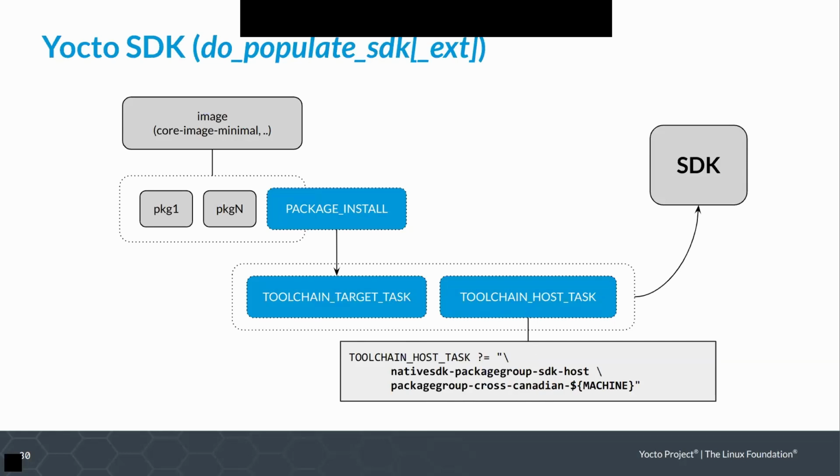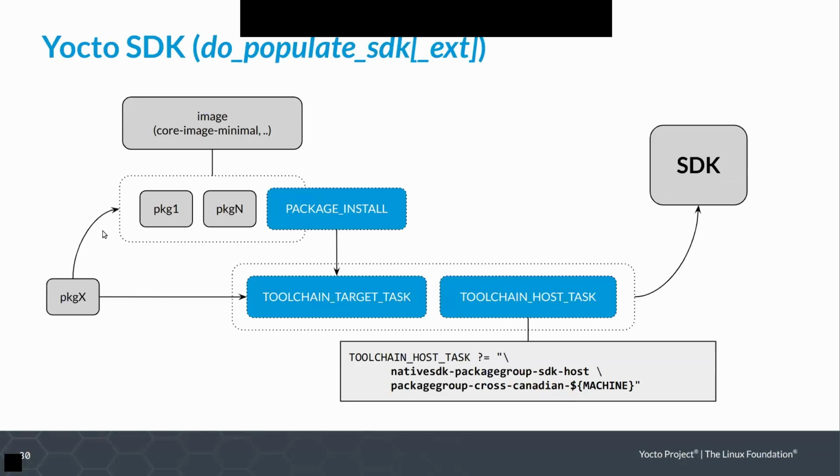And we have TOOLCHAIN_HOST_TASK, which has the nativesdk packages that will run on the SDK machine and provide something for it. The cross-canadian package group essentially contains the GCC, C library and the toolchain main components that will run on the SDK machine, but it also uses the TOOLCHAIN_TARGET_TASK packages to do its job, to provide something for the final target.